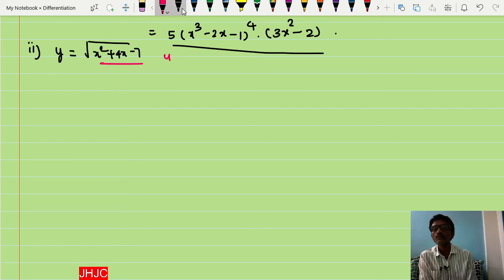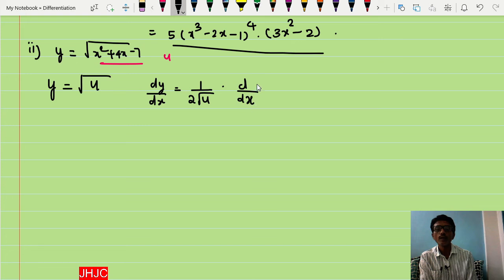Then we have y is equal to root of u. Derivative dy by dx is equal to dy by du, that is 1 upon 2 root u, into du by dx.